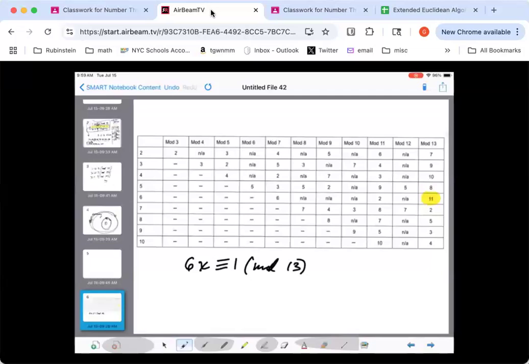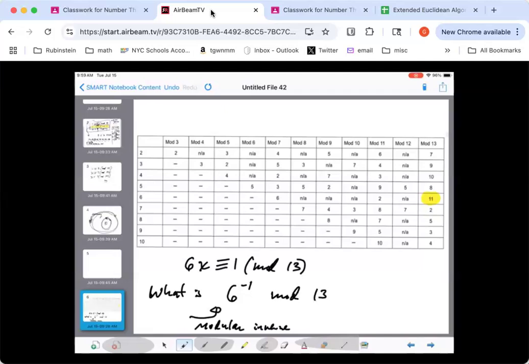Well, by the way, we also could say this question as: what is 6 with a little -1? That just means what's called the modular inverse, mod 13. That's the same question.